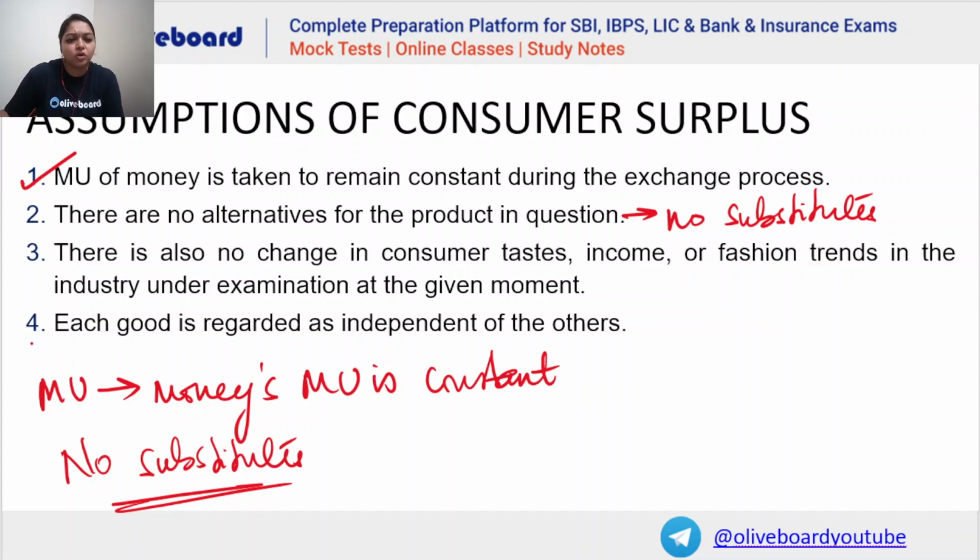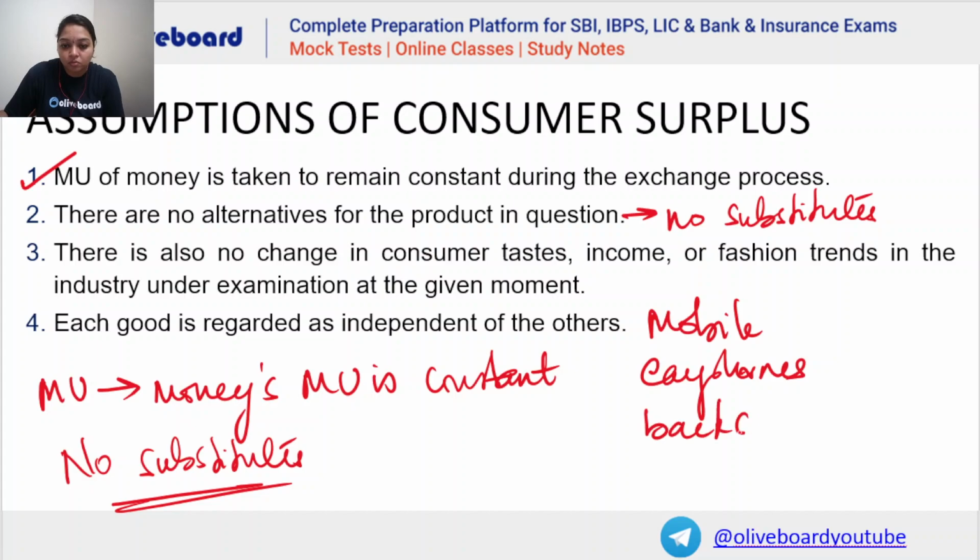Then what is the fourth one? Each good is regarded as independent of others. So when you are purchasing each commodity, let us say you purchase one mobile, for that you want earphones, for that you want one back cover, for that you want one screen guard, right?